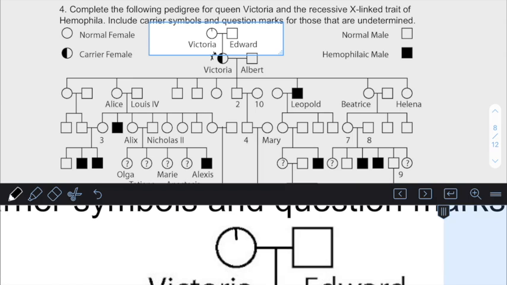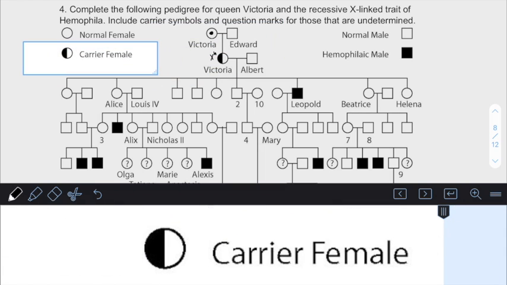It must have come from her mother. And so we can half shade her mother, although we did learn just a second ago that this actually should be a dot. So let's try the dot, because that's what we should actually be doing, a circle with a dot.